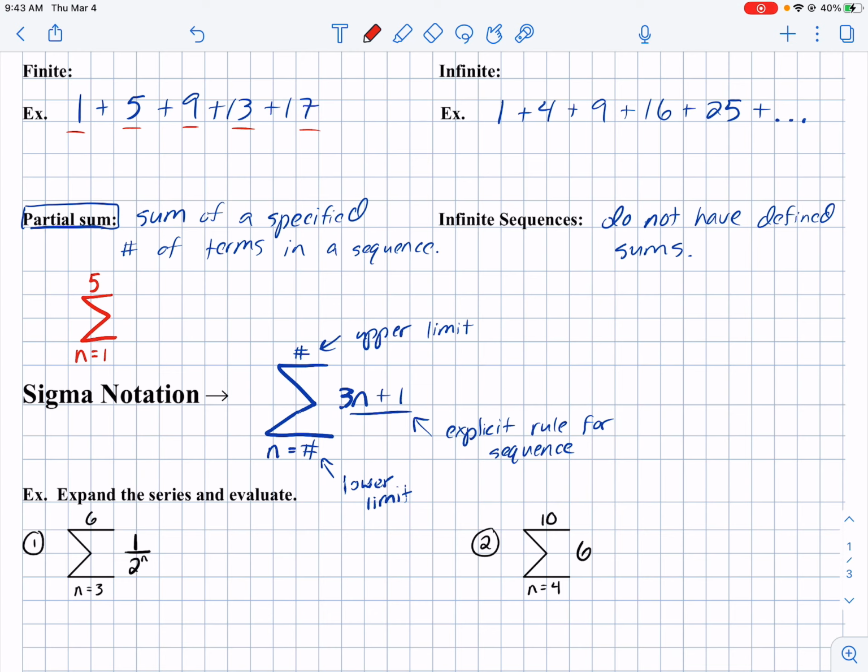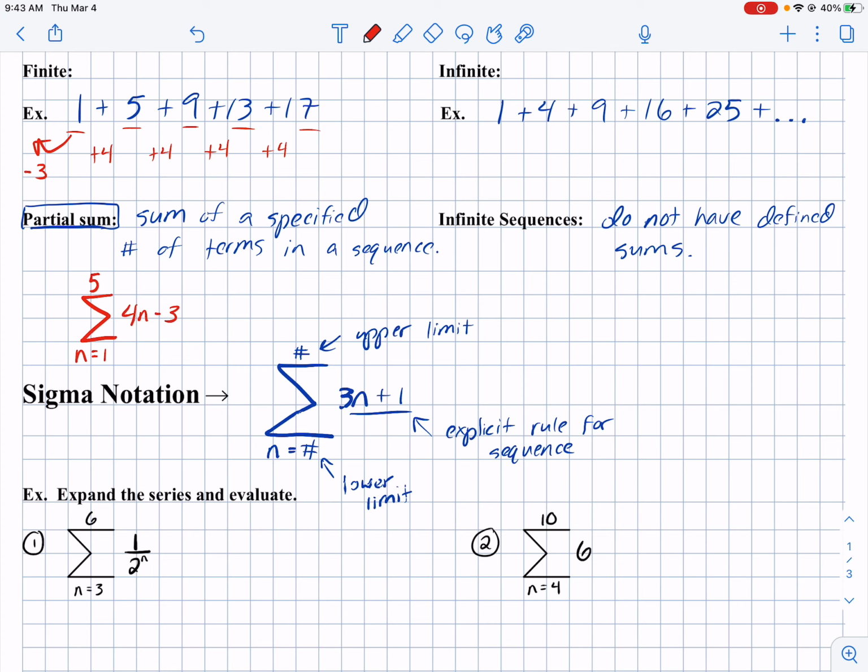And then hopefully you can see the rule, or the sequence here is just plus 4, plus 4, plus 4, plus 4. And we talked about writing explicit rules back in 9.1. This would just be 4 times n minus 1 plus 1. You could also just go back to term 0, which would be subtracting 4, and you would be at negative 3. So you could also have a rule of 4n minus 3.